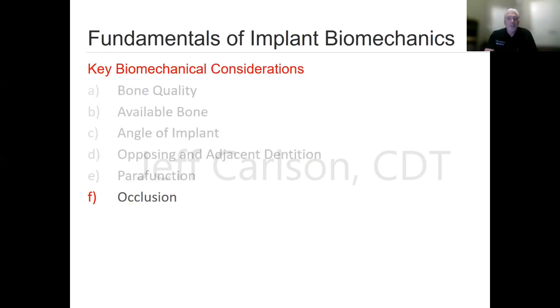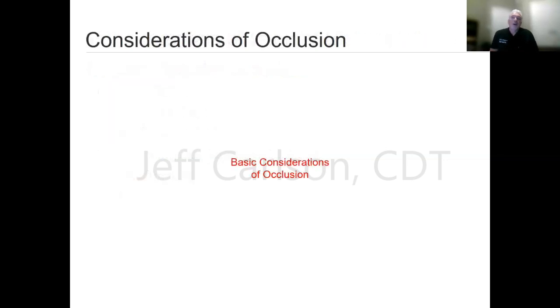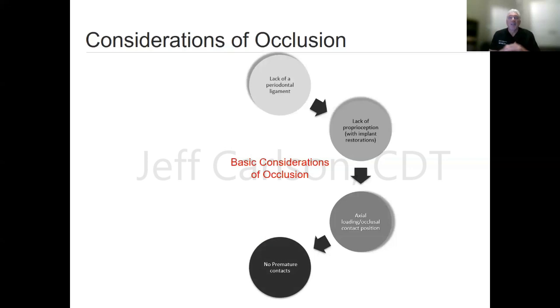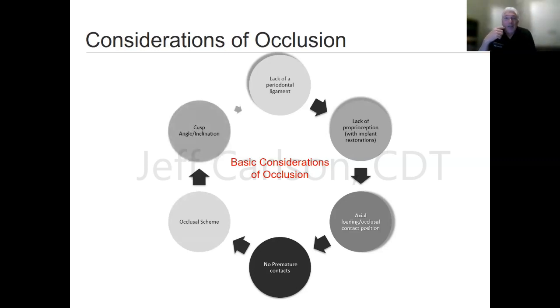When it comes to occlusion, this is going to be very fundamental. Because it's about understanding, from the patient's perspective, that there's a lack of periodontal ligament, okay? So they don't have that proprioception. They don't have a sense of really sometimes how hard they're biting. With your natural teeth, you can feel a hair between your teeth.